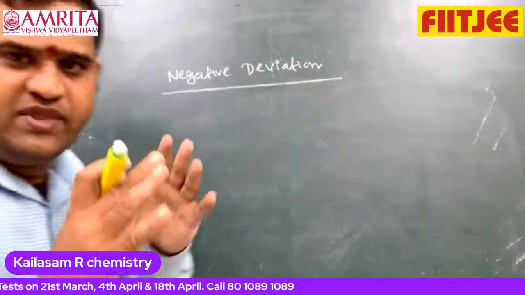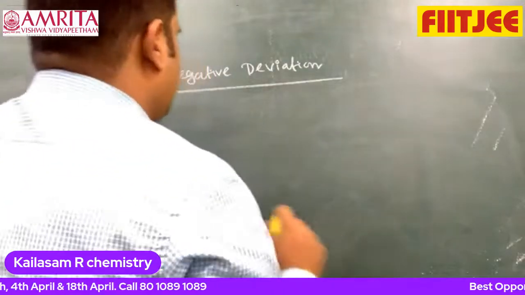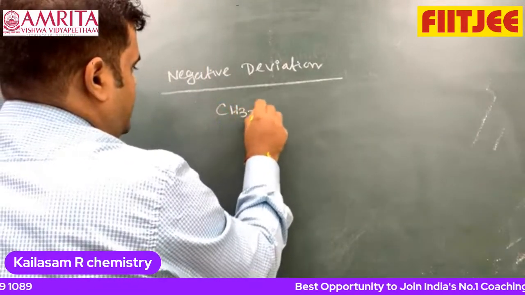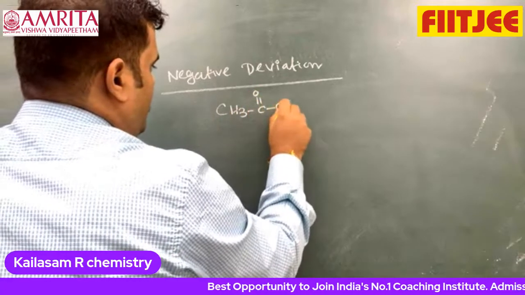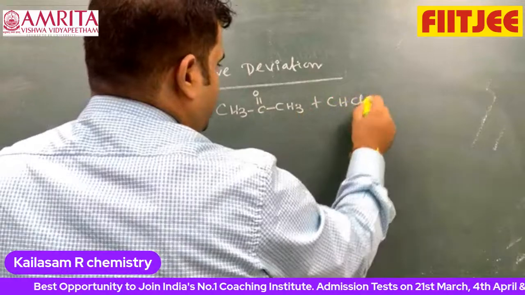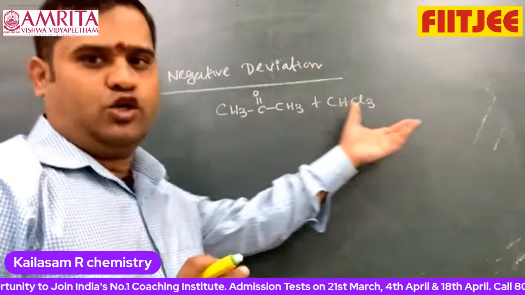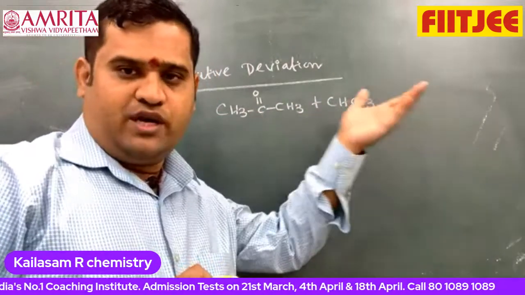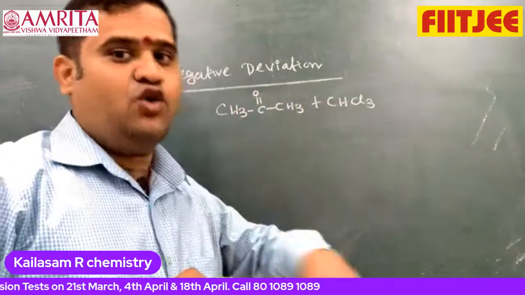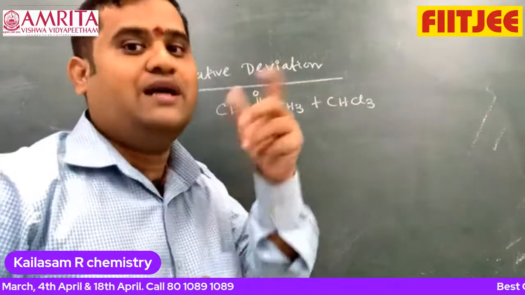Let us take the example of CH3COCH3 plus CHCl3, acetone and chloroform. I am going to mix them. Here we expect the vapor pressure to be less than the expected one. Why? What is the reason?